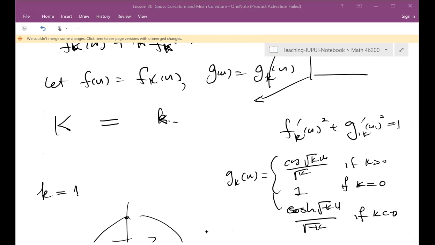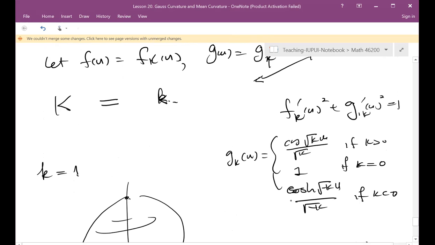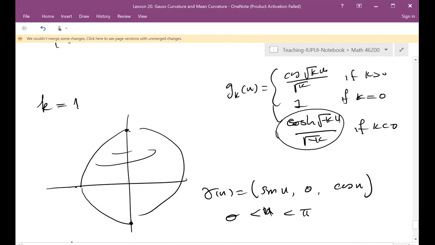Yeah, this g_k is wrong, okay? So I have to be careful to choose. It's not just like this. This is wrong, okay? I have to make sure the choice, let me go back to here.